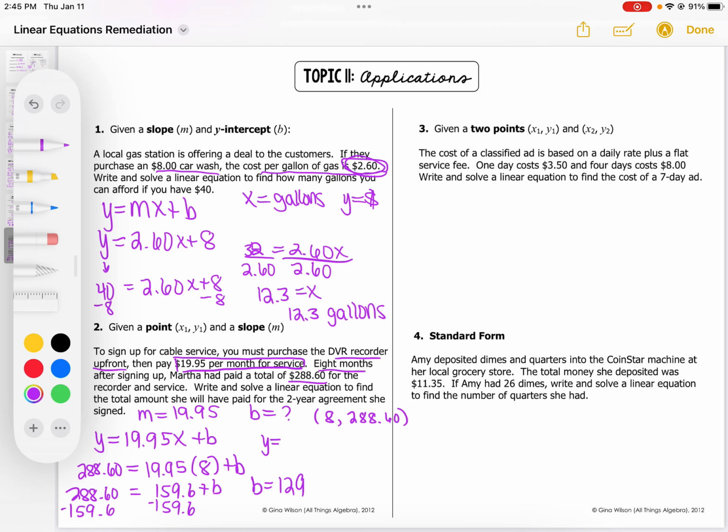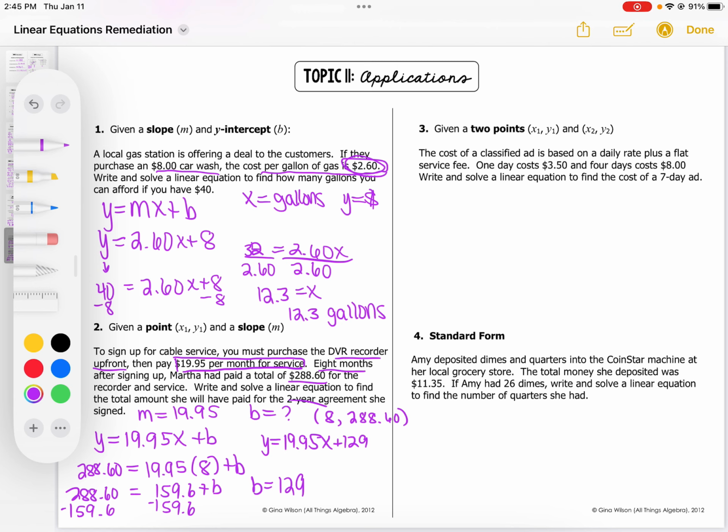So altogether, the equation is y equals 19.95x. It's $19.95 a month, plus the one-time fee, the $129. That's our equation, and we can use that equation to solve the problem. The problem is, how much will she pay for a 2-year agreement? Well, hold on.